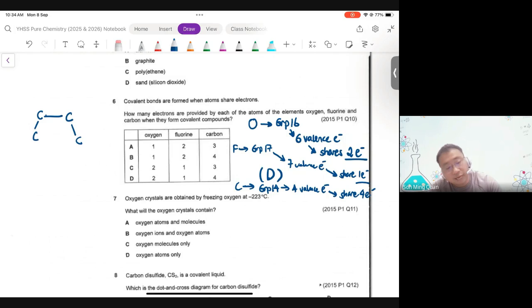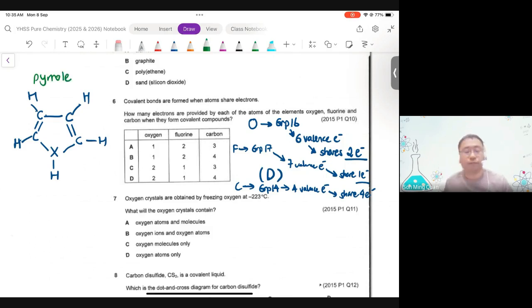One good way of testing you is to do this. Can you please draw out this molecule? This is a molecule called pyrrole. Now I want you to work out which group X is found in.